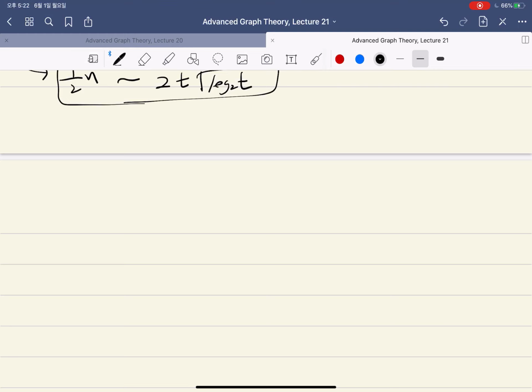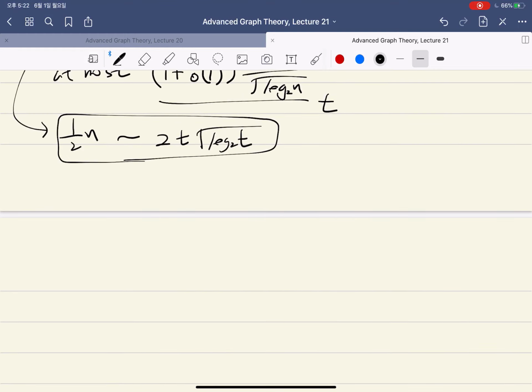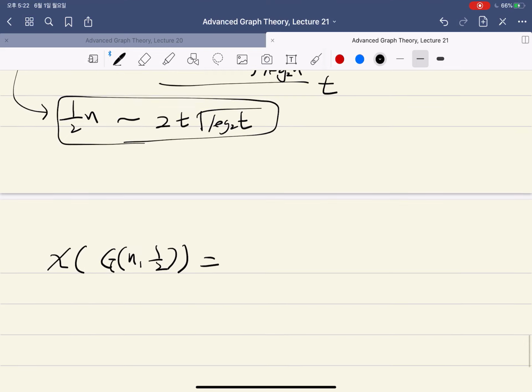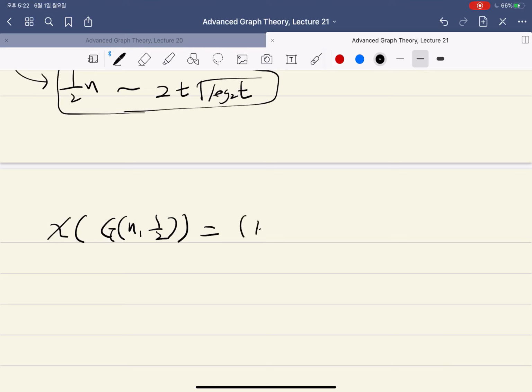And it's also known that for the random graph G(n, 1/2), its chromatic number is something like (1 + o(1)) n over 2 log n.